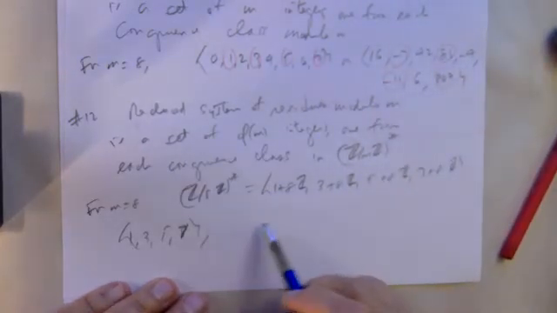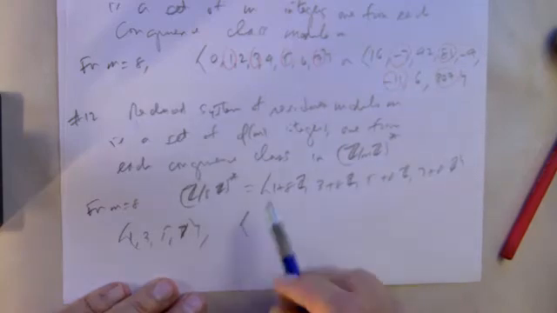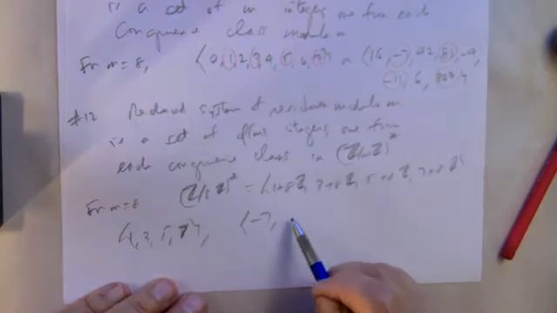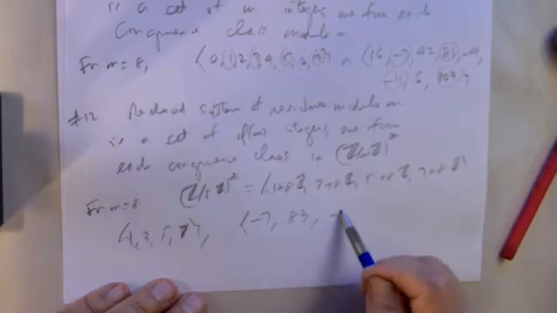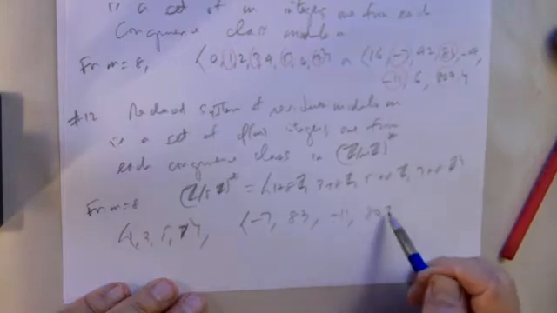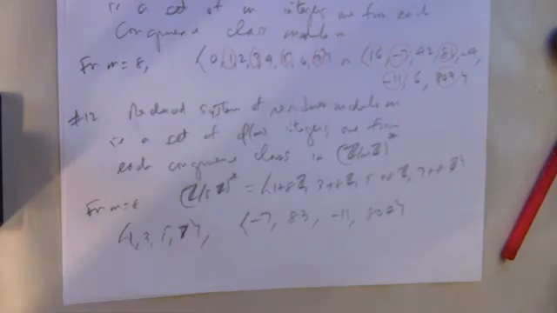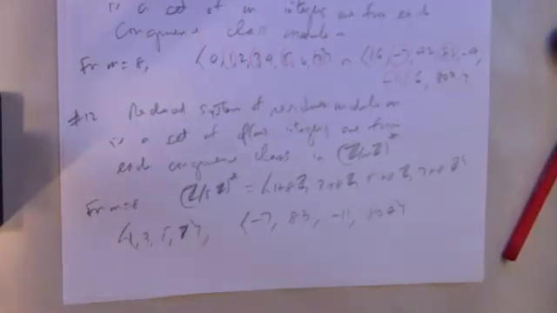Those are one each from the 4 congruence classes relatively prime to 8. These are both reduced systems of residues modulo 8.